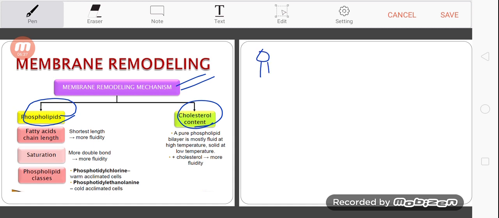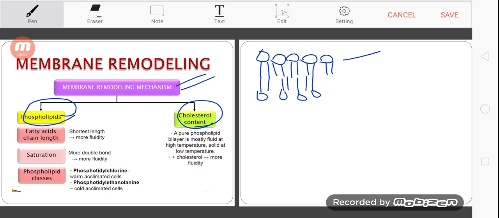The membrane has phospholipid bilayers sitting side by side, with an outer layer and an inner layer. Remember your cell biology.